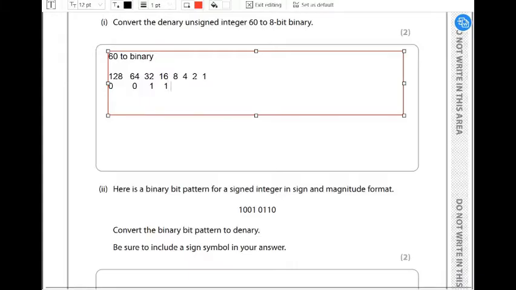And then we will want 8, that's 56. Add the 4 is 60, and we can discard the rest as zeros. So 60 is going to equal 0, 0, 1, 1, 1, 1, 0, 0. And that, ladies and gentlemen, is converting 60 into binary. And because it's unsigned, we don't have to worry about it being positive or negative.